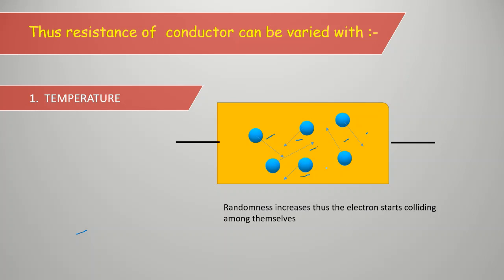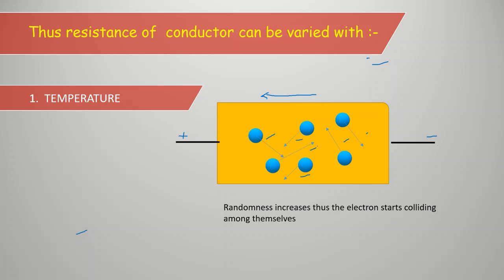So if we put potential, let us consider that we put a potential of positive along this side and negative along this side. Thus the electrons will start traveling from negative end to positive end.